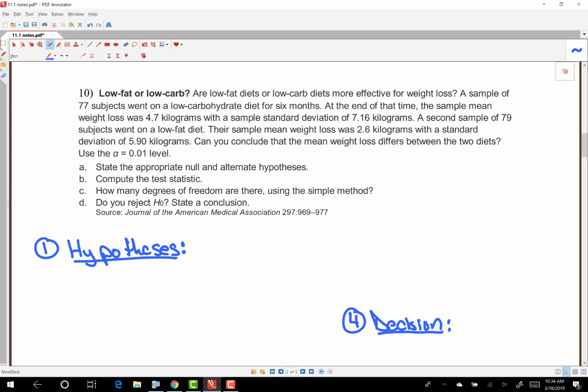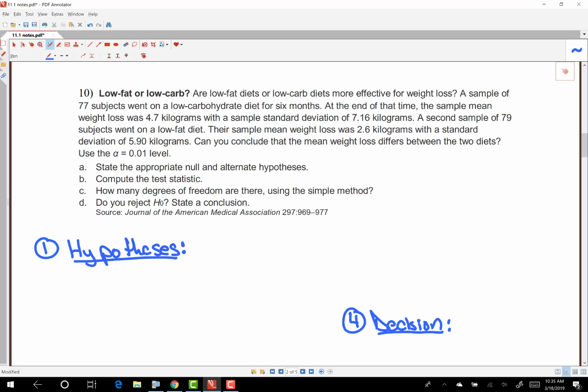At the end of that time, the sample mean weight loss was 4.7 kilograms, with a sample standard deviation of 7.16 kilograms. A second sample of 79 subjects went on a low-fat diet. Their sample mean weight loss was 2.6 kilograms, with a standard deviation of 5.90 kilograms. Can you conclude that the mean weight loss differs between the 2 diets?